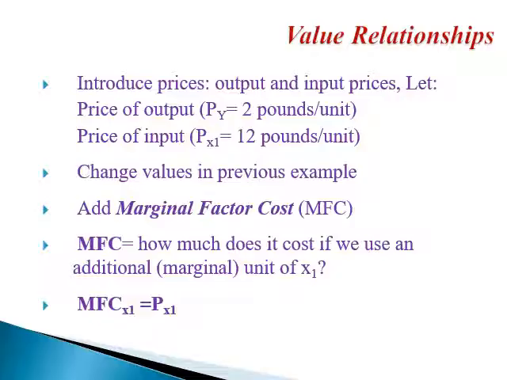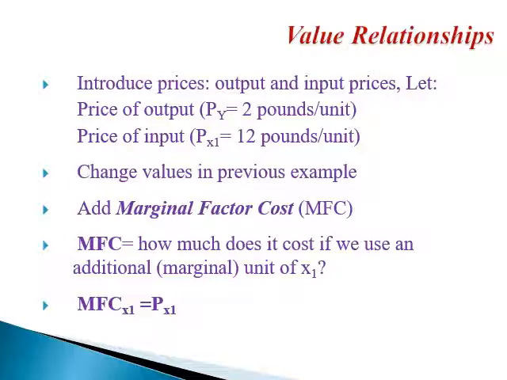But the question is, do we use a lot of it or very little of it? Let us talk about yourself using vitamins. Good vitamins are expensive. But the question is, how many pills do you take per day or per week or per month? So do not be fooled by seeing a unit price of the variable input expensive and unit price of output cheap, because what matters is P of y times y, which is total revenue, and P of x1 times x1, which is total variable cost.